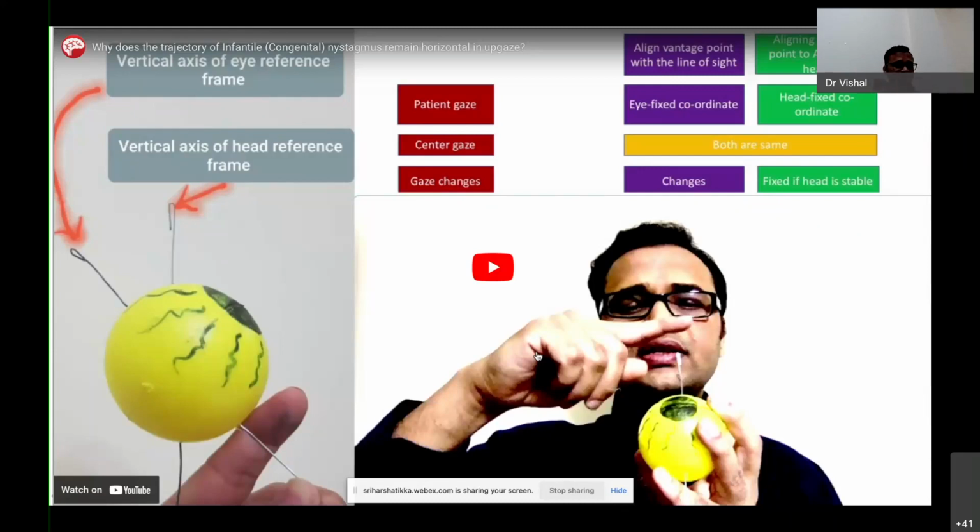That's why the nystagmus of BPPV is torsional on one side and upbeating on the other side, and in the center it is upbeating torsional. So in patients with posterior canal BPPV, just do this. When you are doing the Dix-Hallpike, ask the patient to look to one side. If it is a right posterior canal BPPV, ask the patient to look to the right. It will be predominantly torsional.